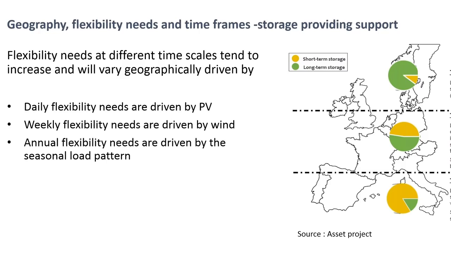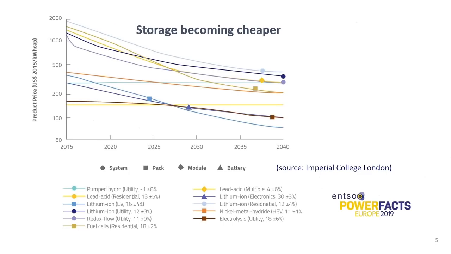I will just make a teaser into the storage technology as such, because the speakers who join us today will talk about this. So we see actually learning curves. Of course, the most used technology today in Europe is hydro pump storage, but lithium-ion batteries have seen their cost divided by 6 in the last 10 years, so with a learning curve of almost 20%.